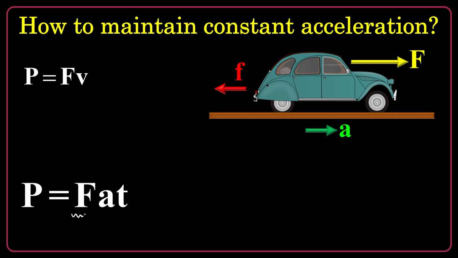Even if I keep a constant forward force and a constant acceleration, I have to apply larger and larger power because as time goes on, I need more power developed by the car. So if you are going to keep a constant acceleration for the car, you have to apply larger and larger power.